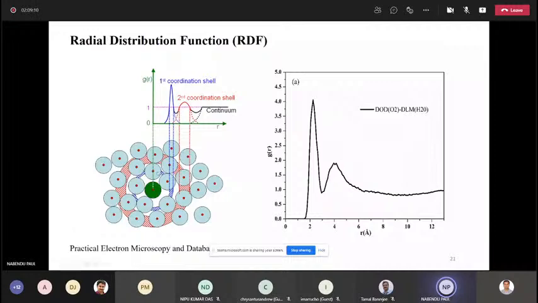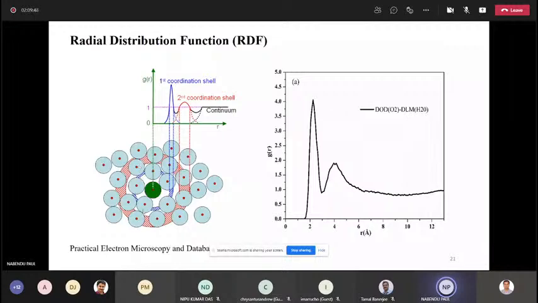Here you can see the first coordination shell and the second coordination shell. In the first coordination shell, the peak is very high, which signifies a high presence of those other molecules close to the green, or central, molecule. However, after a certain distance we find another shell, the second coordination shell, which means the correlation of the central molecule with the other molecules is still not diminishing.